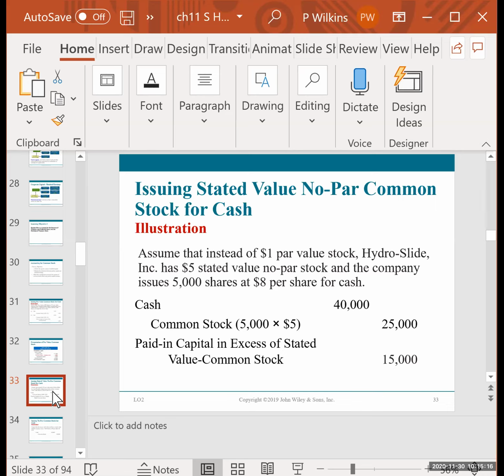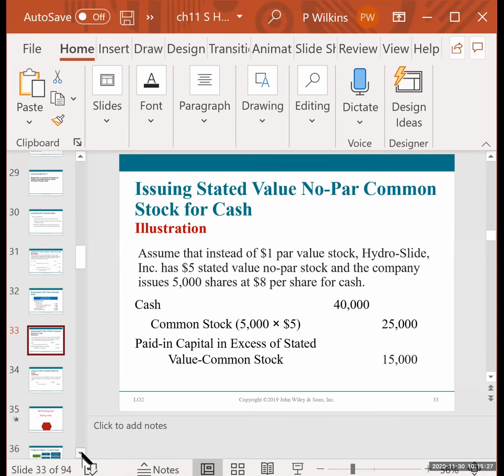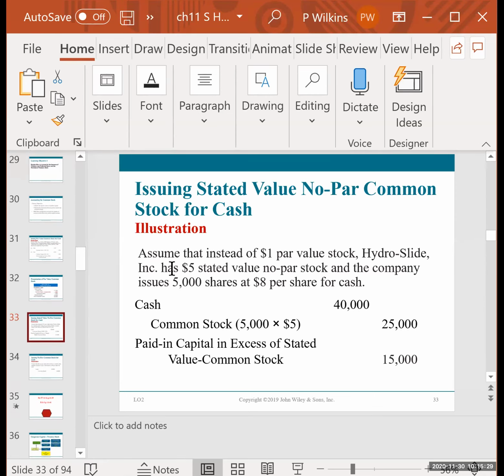This problem says it's stated value, not par value, but stated value. Okay. So we would credit that $15,000. So that would be an example of an entry for common stock that's a stated value common stock. Okay.